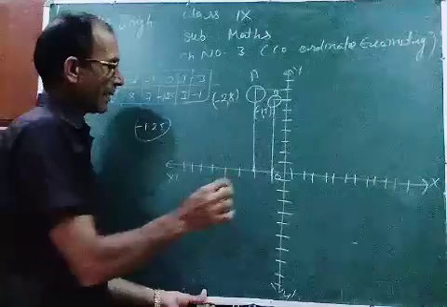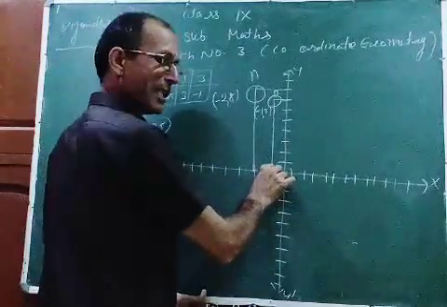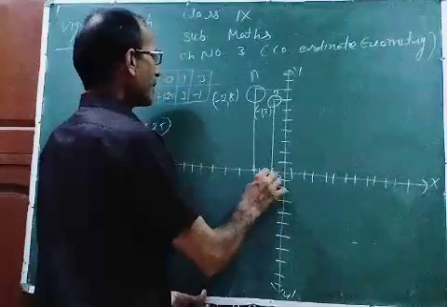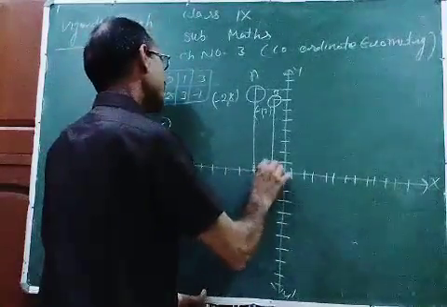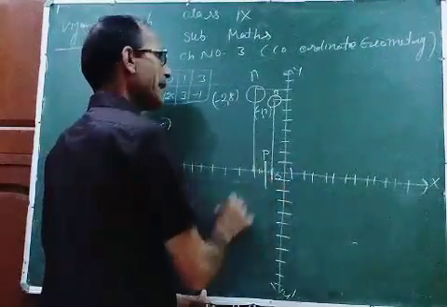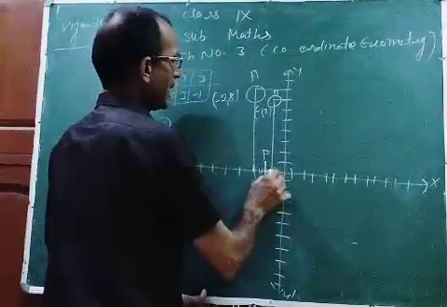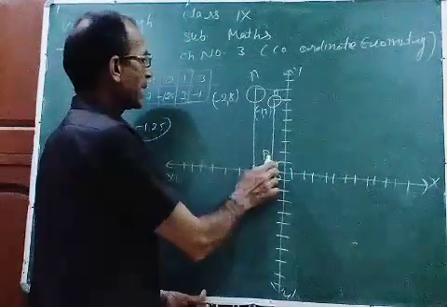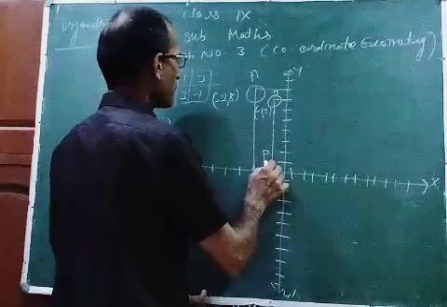It means next point -1 is okay. Now I will divide it into 4 equal parts. So the 4th part is representing P. So up to here is the value of -1.25. So point P represents -1.25.